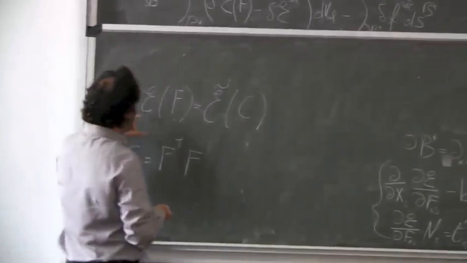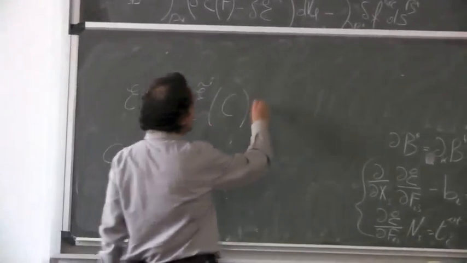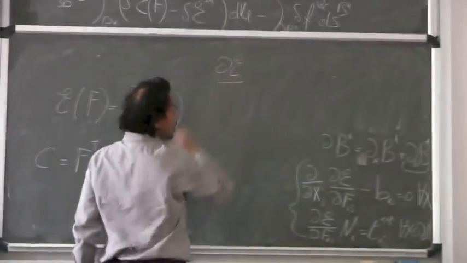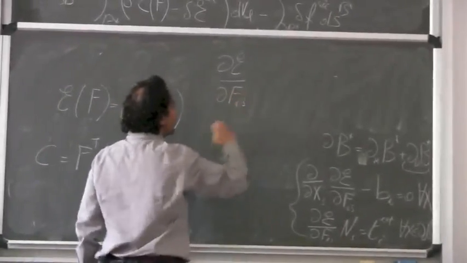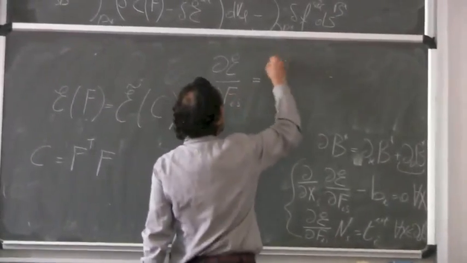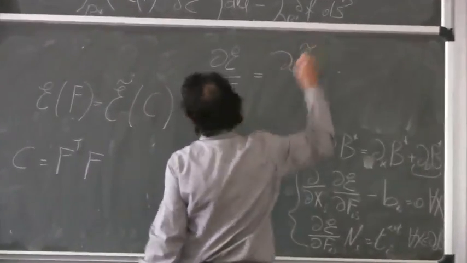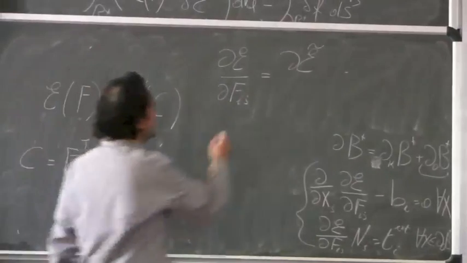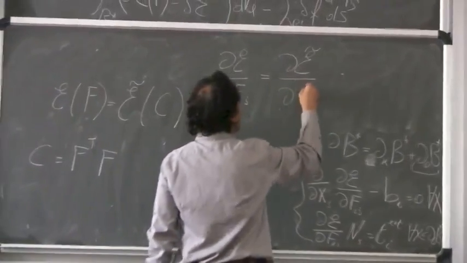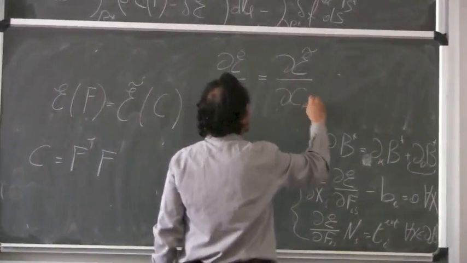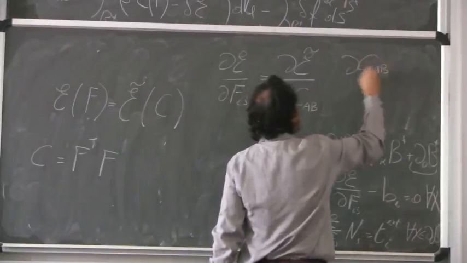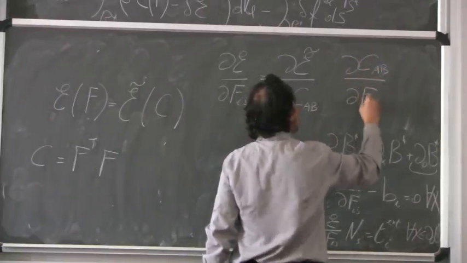From this assumption, the derivative of E with respect to Fij is equal to the derivative of E theta with respect to C AB multiplied by the derivative of C AB over Fij.